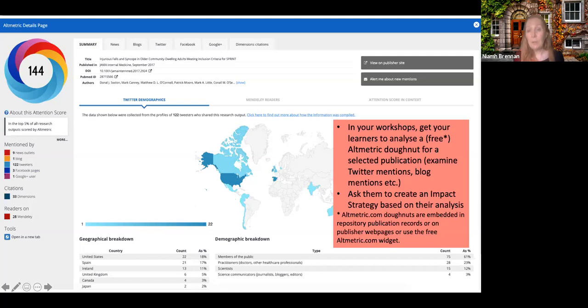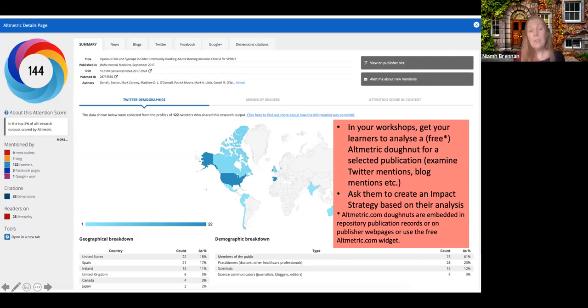When you're teaching bibliometrics and altmetrics to complement it, you can ask your learners to analyze one of the free altmetric donuts for a selected publication and to examine the Twitter mentions, the blog mentions, and then based on that, you could ask them to create an impact strategy based on their analysis.